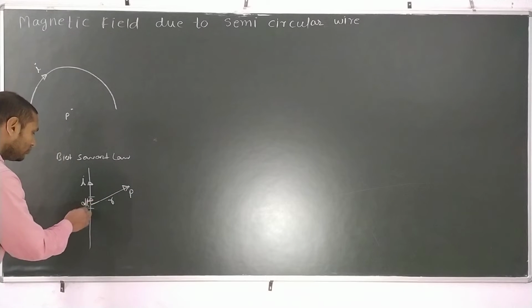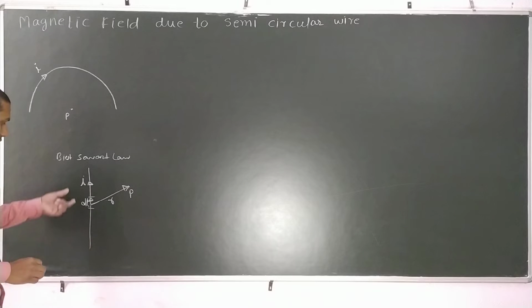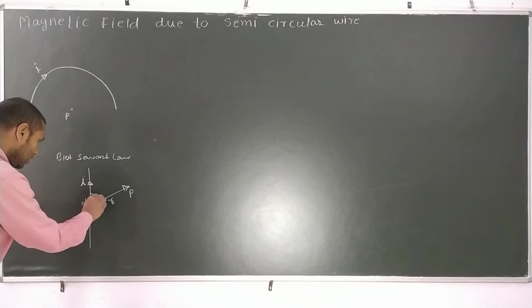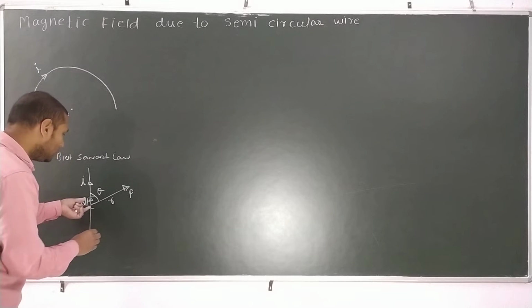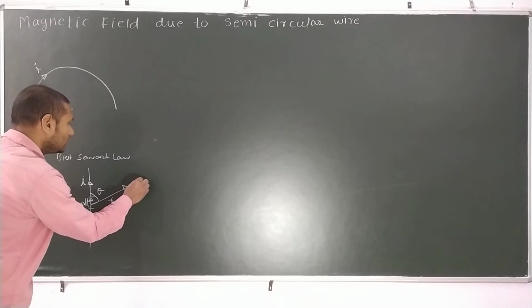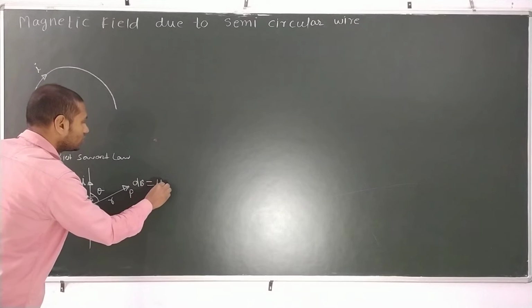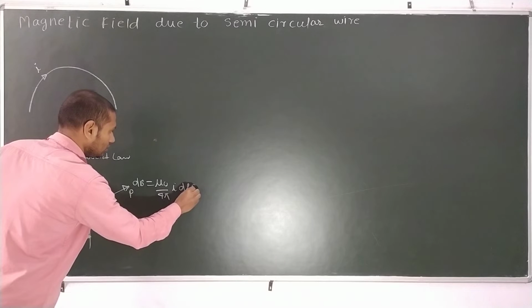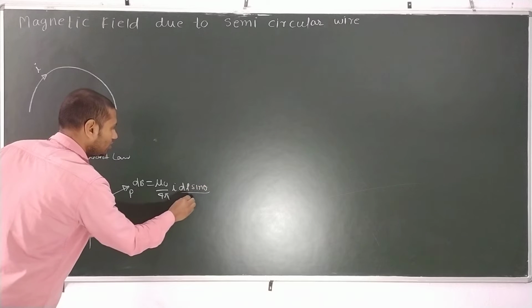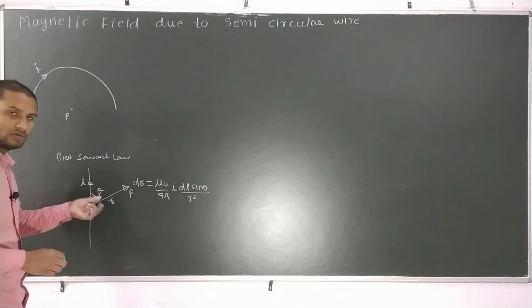R is the position vector from the center of this dl elemental current, and this dl makes an angle theta with r. So due to this dl there is a magnetic field dB. The dB becomes mu naught upon 4 pi I dl sin theta upon r square. This is the Biot-Savart law.